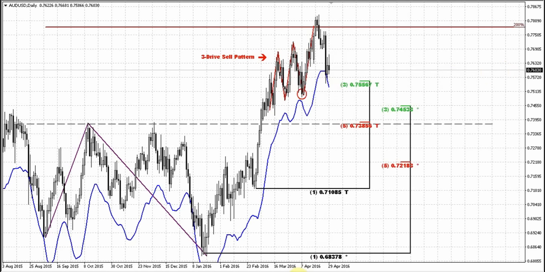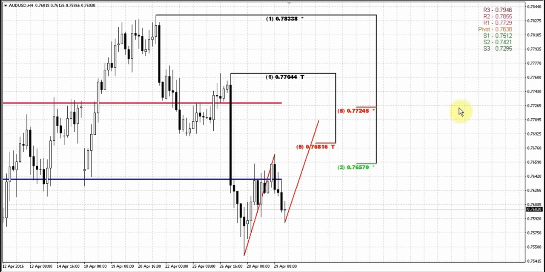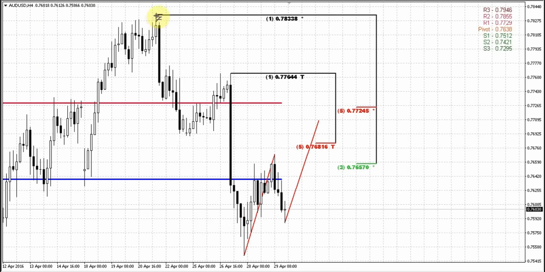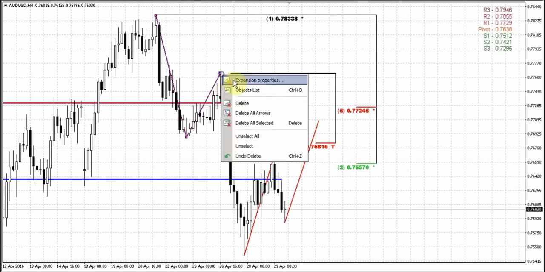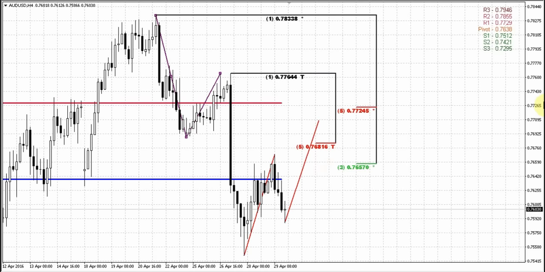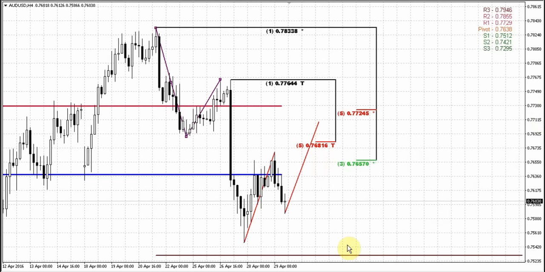On the 4-hour time frame chart, what we see is that probably here the market has hit the 1618 target. Let's check it. Okay, no, not quite.